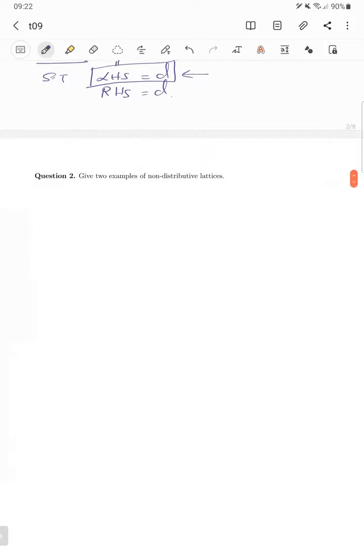Okay, give 2 examples of non-distributive lattices. Okay, who has the first example? Maybe it's difficult to imagine. So what are the pictures you have?